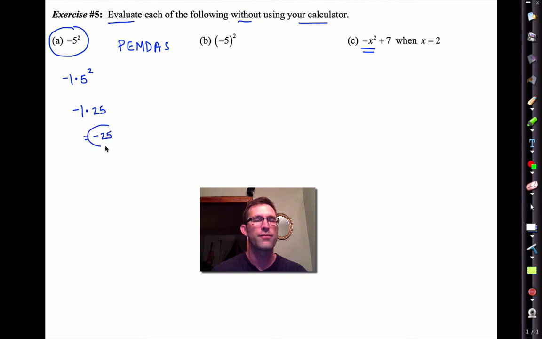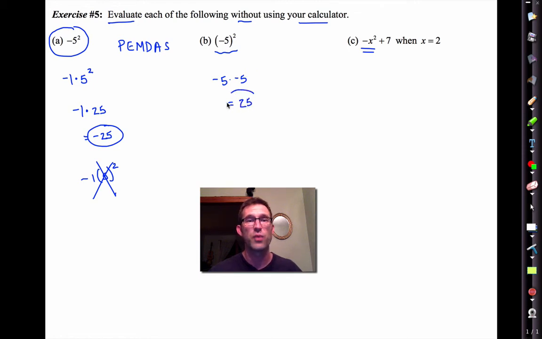Now you might say, well, that's really misleading, all right? But then again, how would you show this if it weren't like that? I mean, I suppose you could do something like this. That would be a little weird, and a little bit bulky with all the parentheses. On the other hand, this truly is negative 5 times negative 5, right, which gives us positive 25.